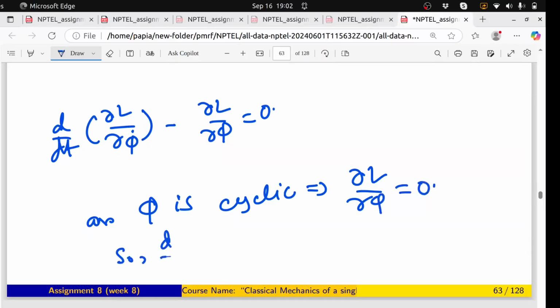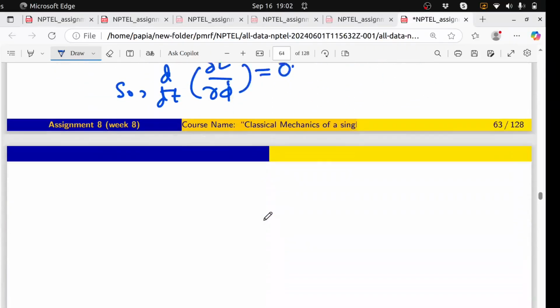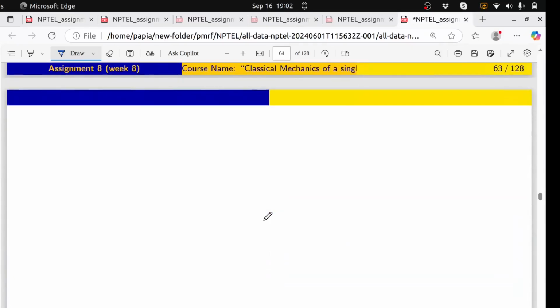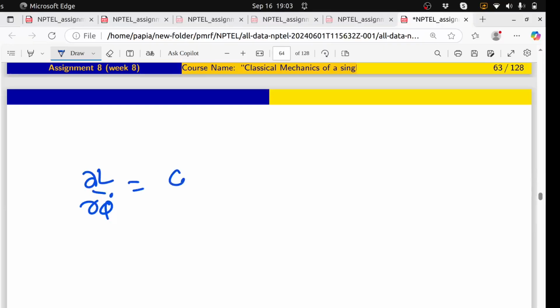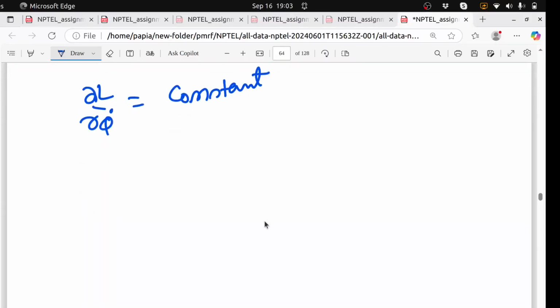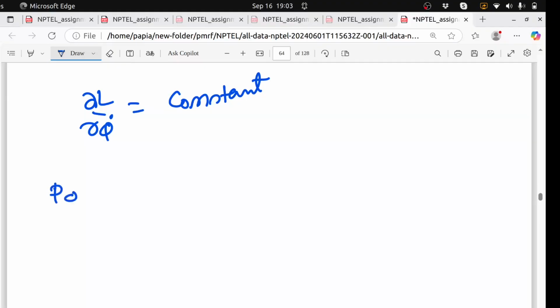So d/dt of del L del phi dot is equal to 0, right? So from this equation del L del phi dot equals constant, and del L del phi dot is nothing but my p phi. Okay, p phi is constant.